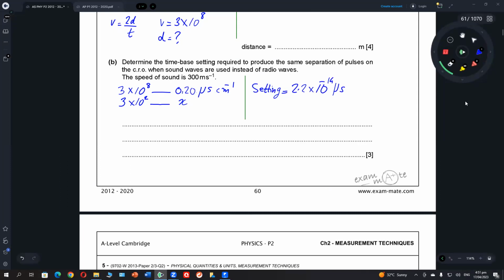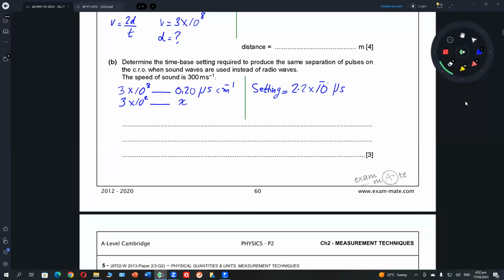So I think the power of 10 would change a bit. Please double check the calculation now.